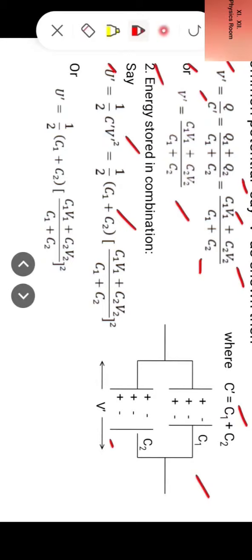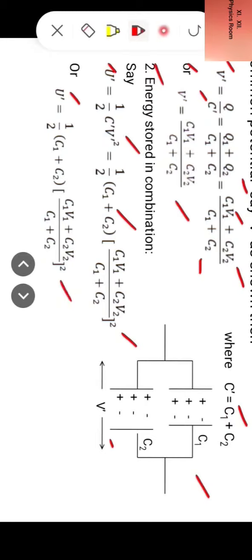So U dash is equal to half C1 plus C2 into C1 V1 plus C2 V2 divided by C1 plus C2 whole square, or finally we say U dash is equal to half C1 plus C2 into C1 V1 plus C2 V2 divided by C1 plus C2 whole square.